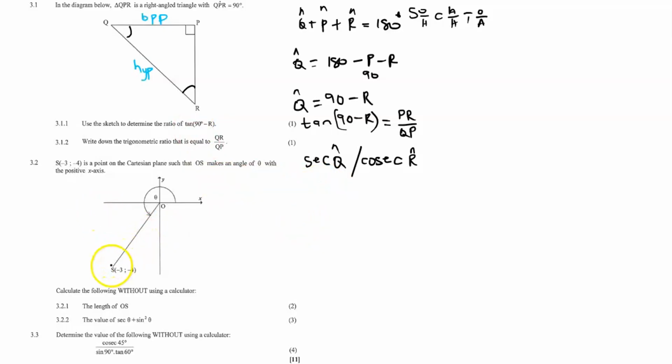So we're just going to draw a triangle there. And then it's a 90 degrees there because it's going to be perpendicular to the x-axis. And then we know that -3 is x, so this is going to be -3. And then we know that the -4 is y.